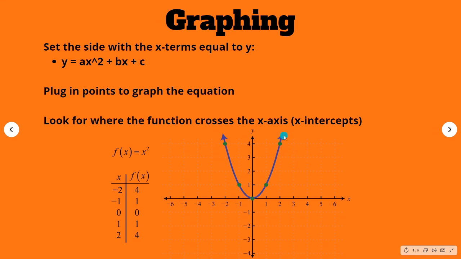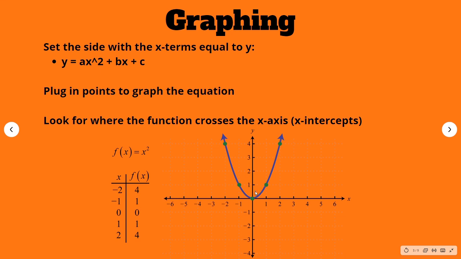And when you graph it, you'll see that at x equals 0, y is also equal to 0. And that basically means that our answer will be 0. In this case, we only have one solution, but typically we'll have two solutions.